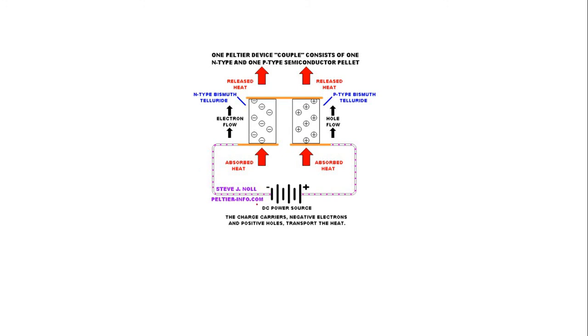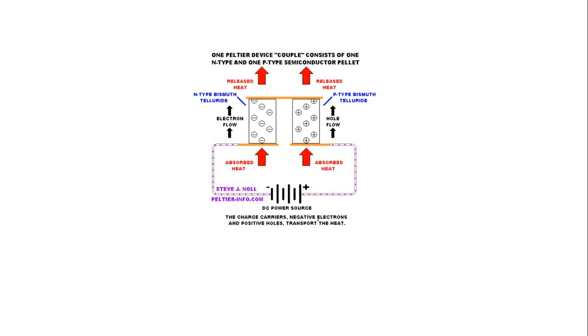Then the load is connected, and in this Peltier effect we connect the metal through a DC power source. We are supplying current to this metal. So by applying a current, at this point heat is absorbed in the metal, and at this point heat is released from the metal.